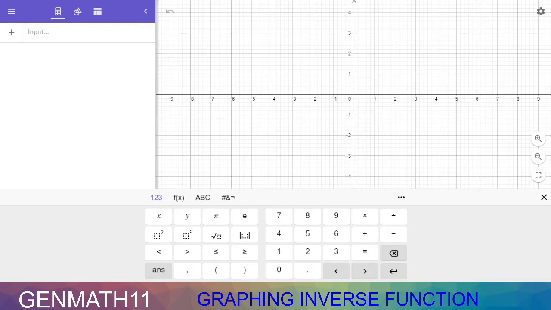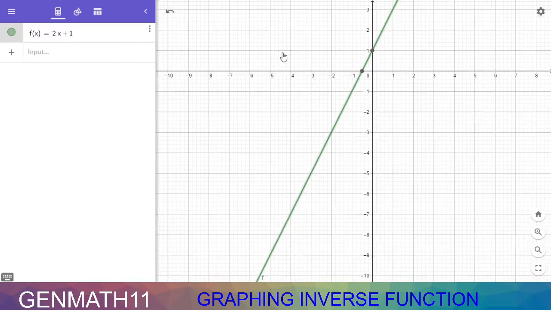Okay. So, ang gawin lang natin is, ilagay lang natin dito yung ating function. So, ang function natin dito ay f of x is equals to 2x plus 1. Okay? So, ginarap na natin siya.